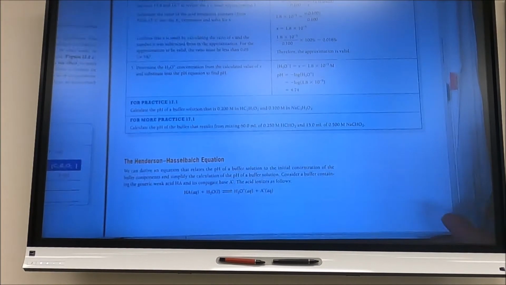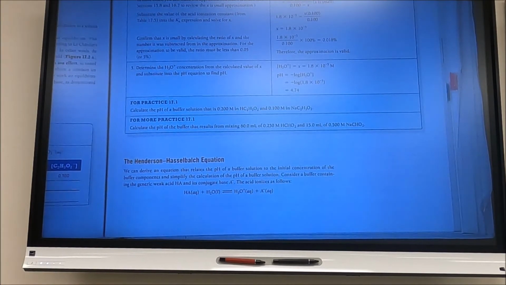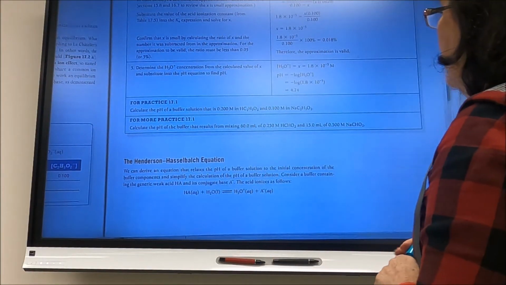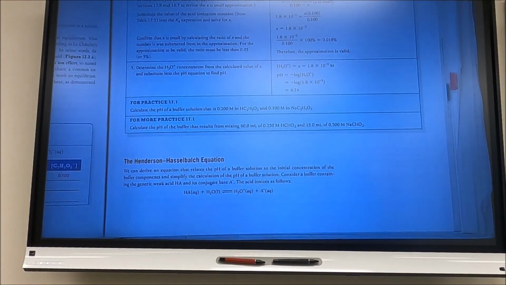It says calculate the pH of a buffer solution that contains 0.200 molar acetic acid and 0.100 molar sodium acetate. So we have 0.200 molar acetic acid and 0.100 molar sodium acetate.